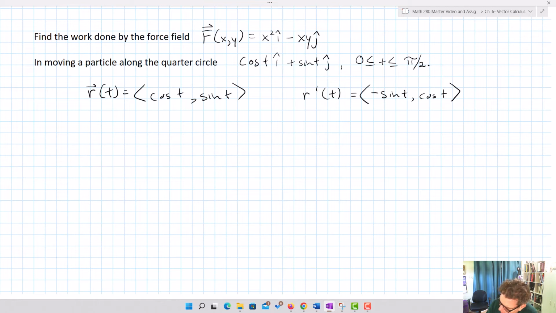All right, here's my force vector. So F dotted with R prime. And actually, I'm going to have to evaluate F for cosine and sine.